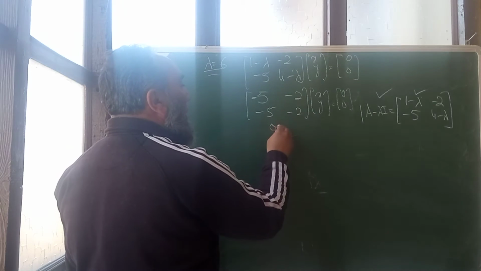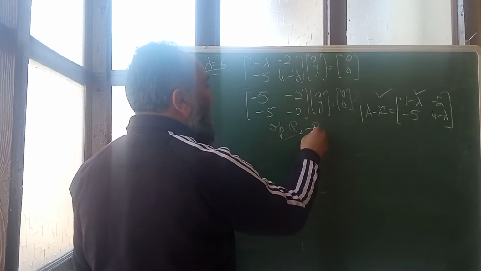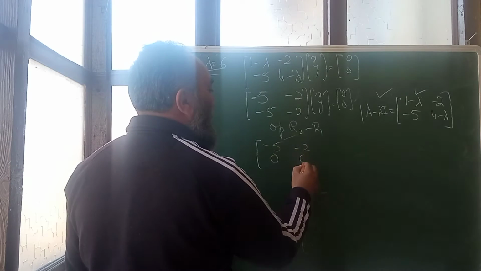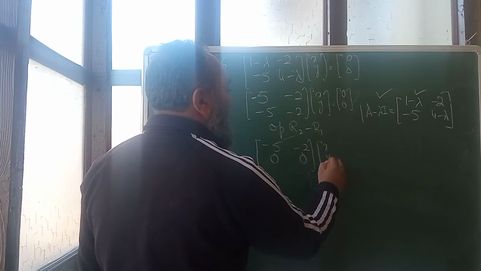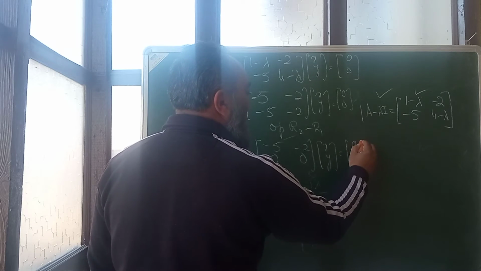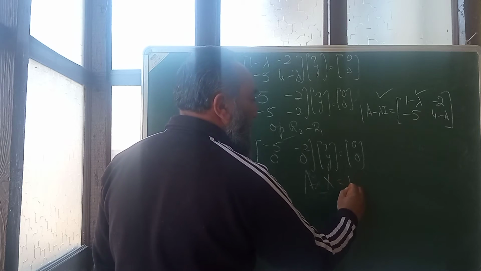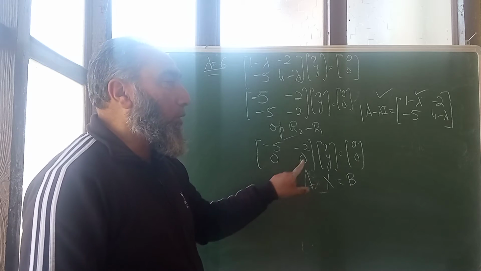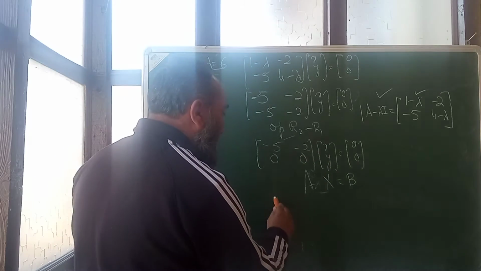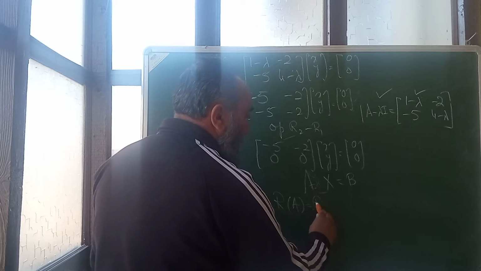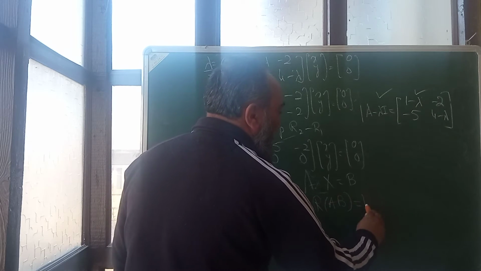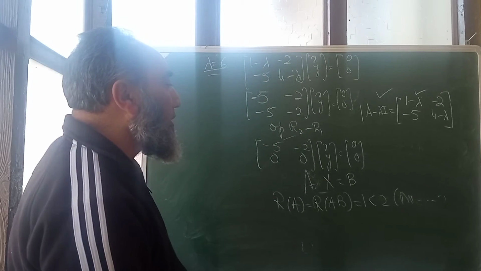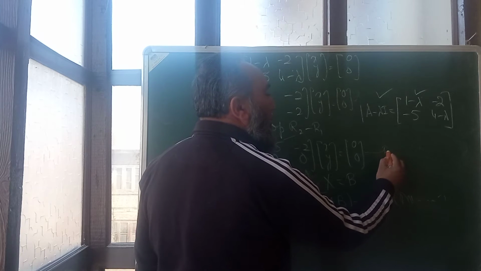Let me operate row 2 minus row 1. What I will get? [-5 -2; 0 0] [x y] equals [0 0]. Now this is AX equal to B. So what's the rank of A? It is 1. Rank of AB is 1. Unknowns are 2. So the rank of A equals the rank of AB, which is 1, less than 2, the number of unknowns. So the system is consistent and will possess infinite solutions, which are given by this.